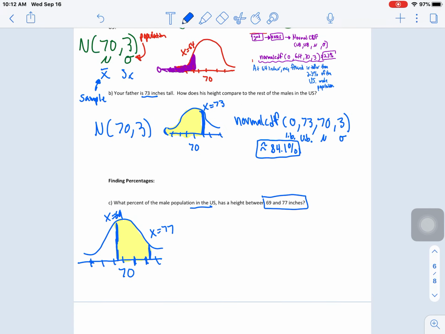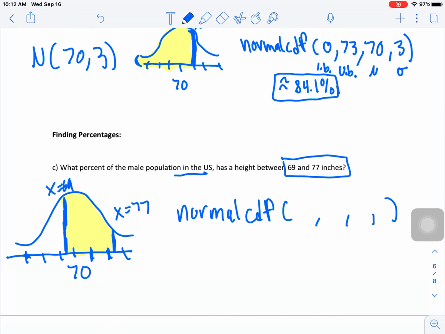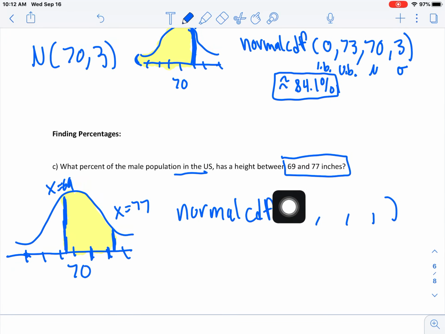And again, this is just a normal CDF calculation. Normal CDF. And what is going to change here is now we have an exact lower bound and an exact upper bound.